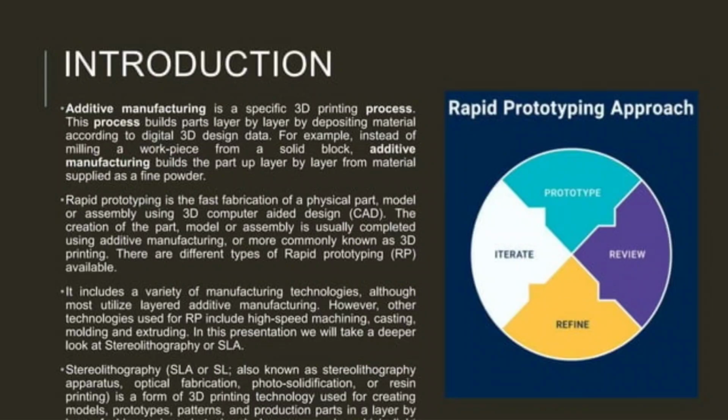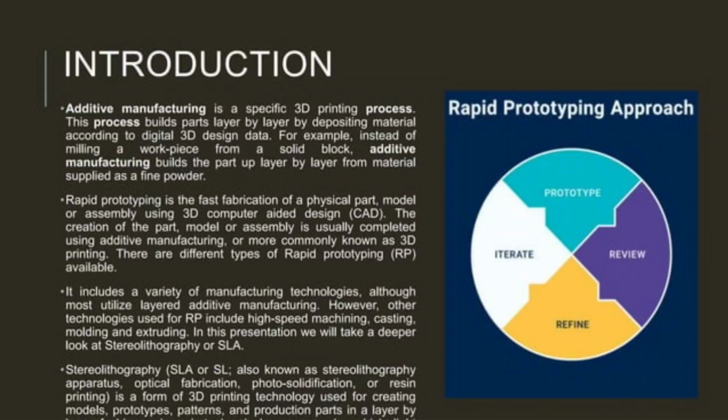The created part, model or assembly is completed using an additive manufacturing process. That part is an exact replica of the final part which we are going to get, so the rapid prototyped product can be checked for feasibility in the real-time environment.